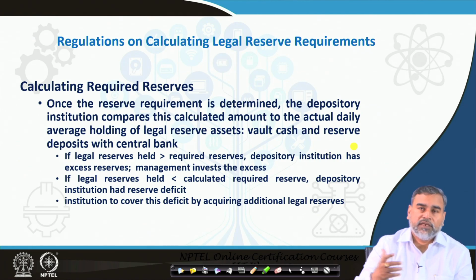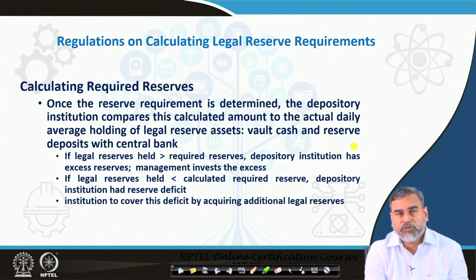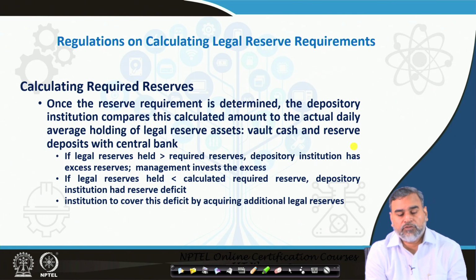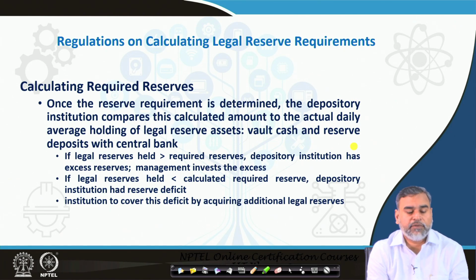Once the reserve requirement is determined using this formula, the depository institution compares the calculated amount to the actual daily average holding of legal reserve assets, like your vault cash and the reserve deposits with the central bank.